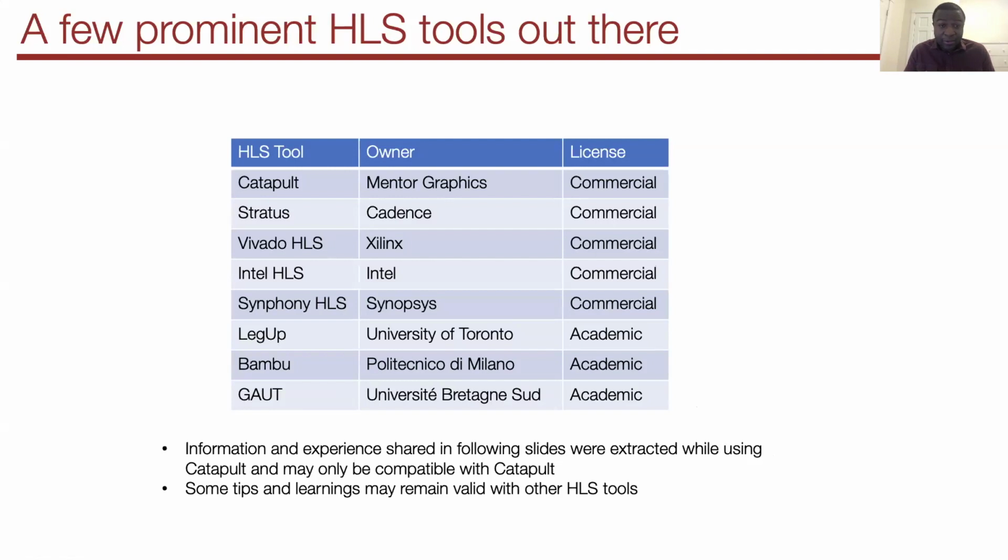That said, the goal of this talk is not to compare HLS tools, and definitely the intent is not to advocate for the usage of Catapult. It's just that Catapult is the tool that I'm most familiar with. Although the information I'm about to share was done with Catapult, some of the tips and learnings can be applicable to other HLS tools as well.